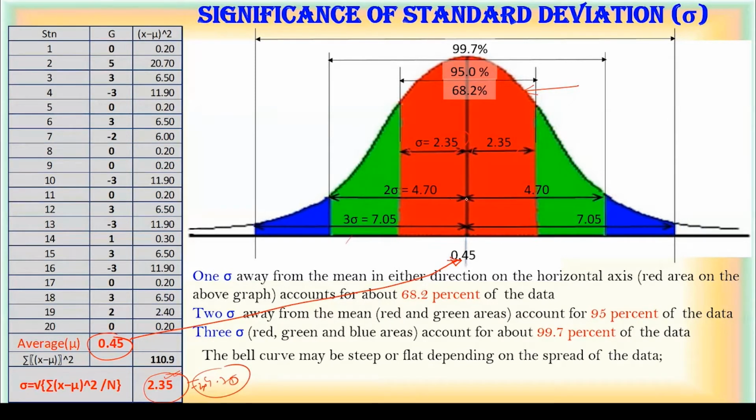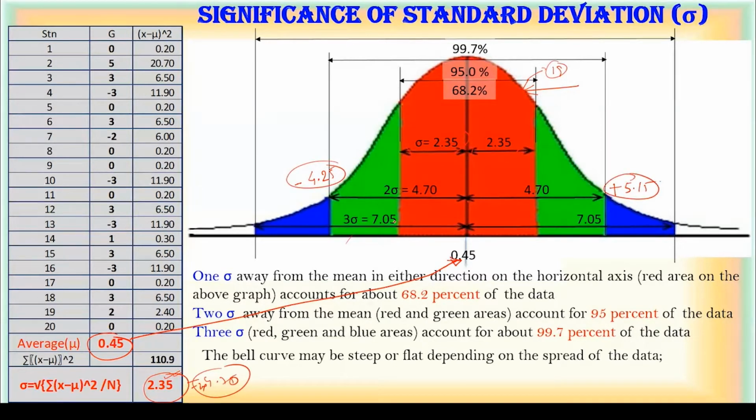So from 0.45 to 4.70, if you say on minus side, it will become say 4.25 minus, and here it will become plus 5.15. So you will get about 95% of your data, means 95% of 20 means I think 19 data, you will get generally within these tolerances.